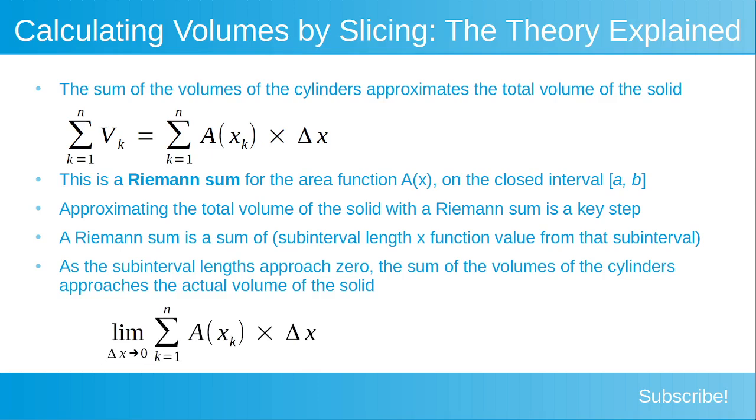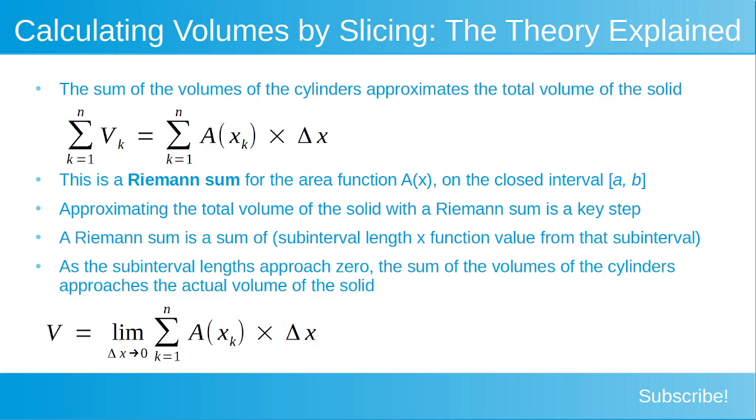It's the limit as delta x approaches 0, so the limit as the subinterval lengths approach 0, of the sum from k equals 1 to k equals n, so the sum over our subintervals of A of x subscript k multiplied by delta x.